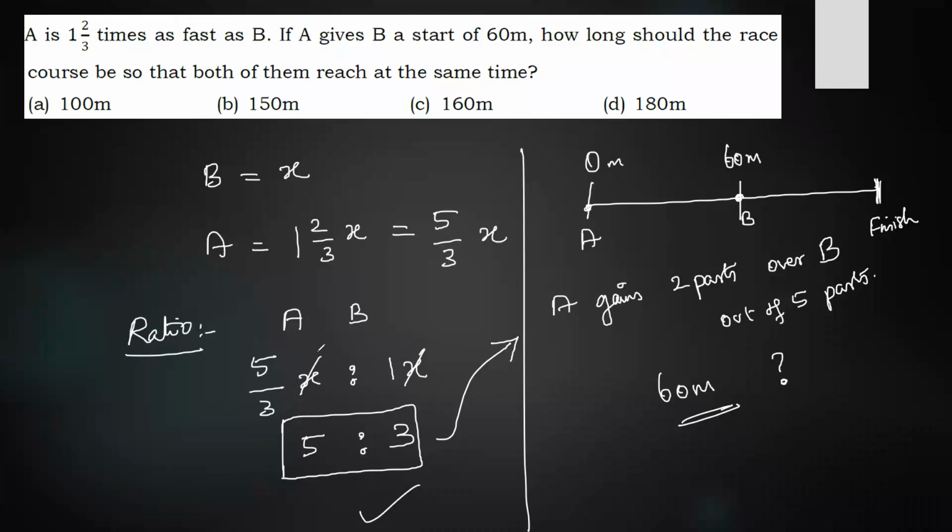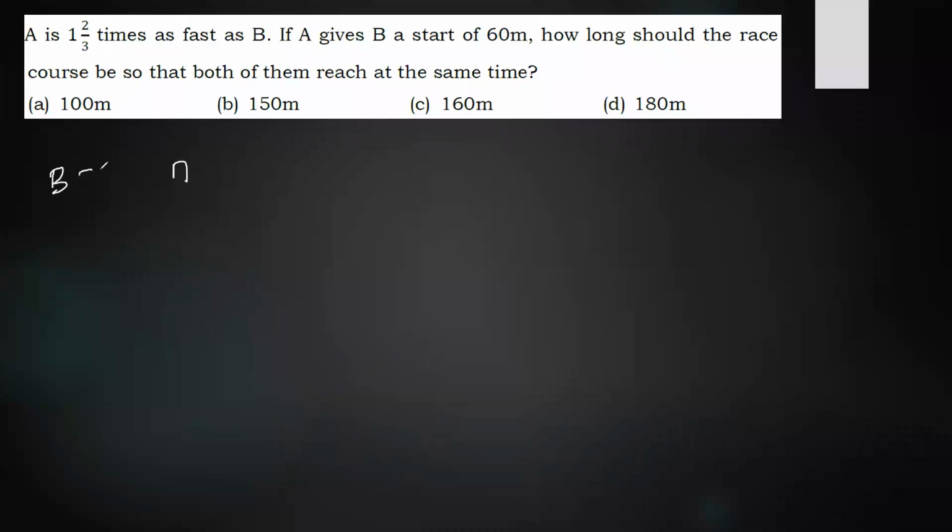Therefore, you can write like this. For 60 meter, what is the value? Since A gives B a start of 60 meter, A gains 2 parts over B out of 5 parts. Instead of parts, I will write meter.